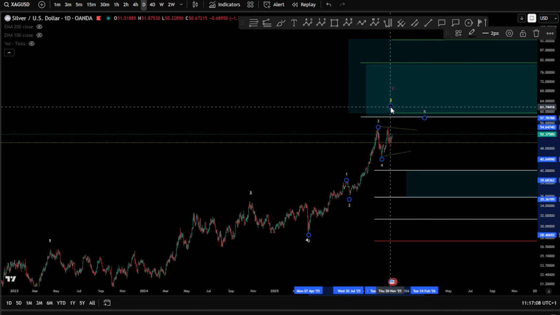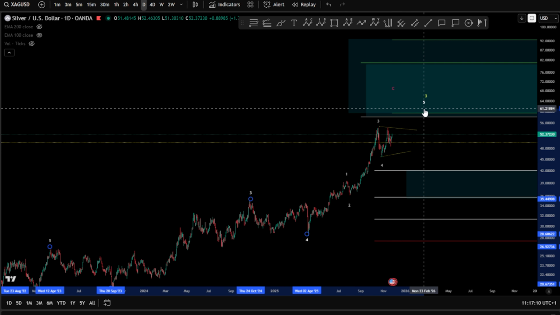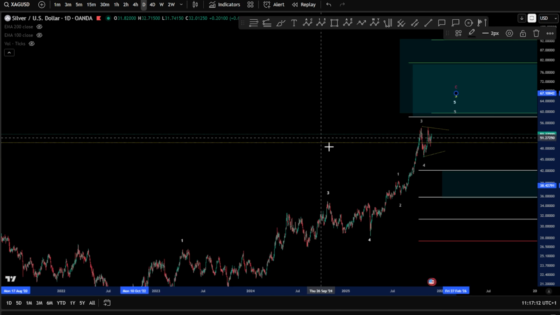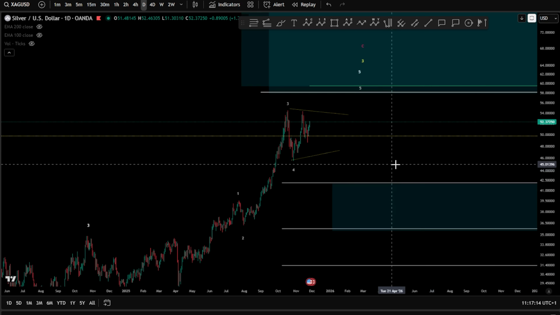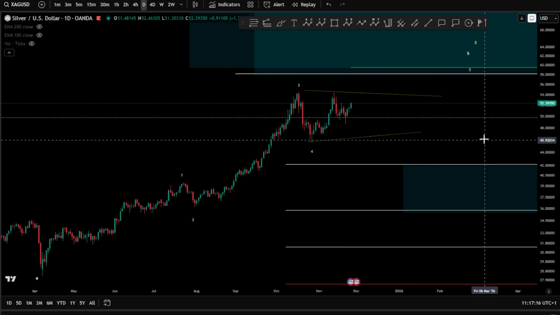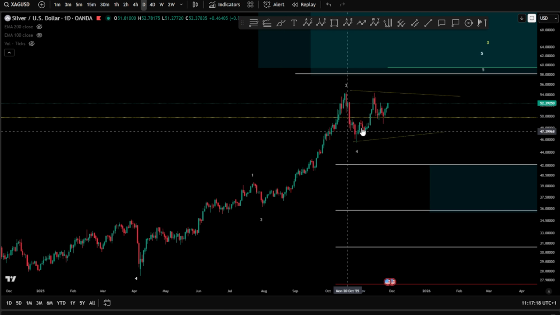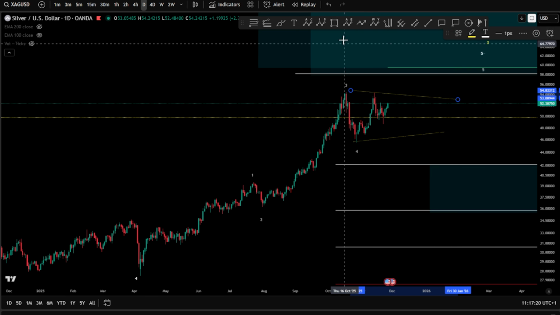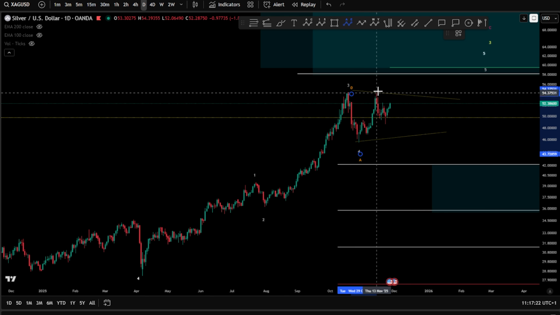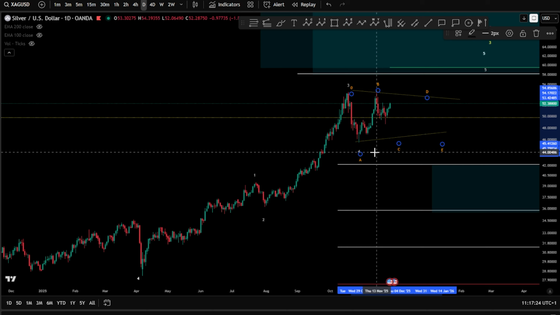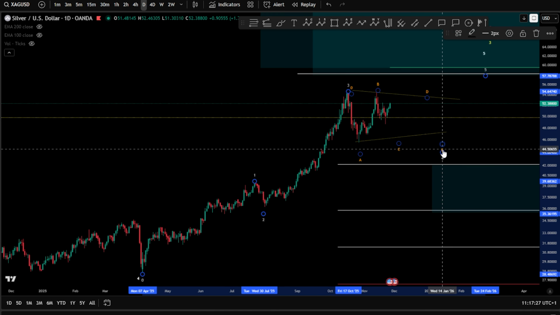And of course, we're still looking for all these counts to be finished inside the blue box, which are the major target here on the daily and on the all-time history. Currently, if we take a look at this correction, of course we have a potential of A, B, C, D, and an E here, very likely to finish a wave 4.